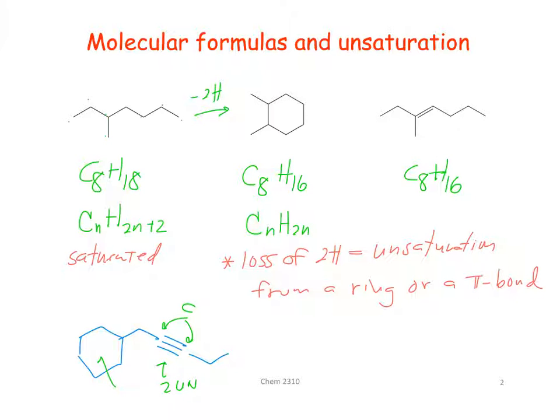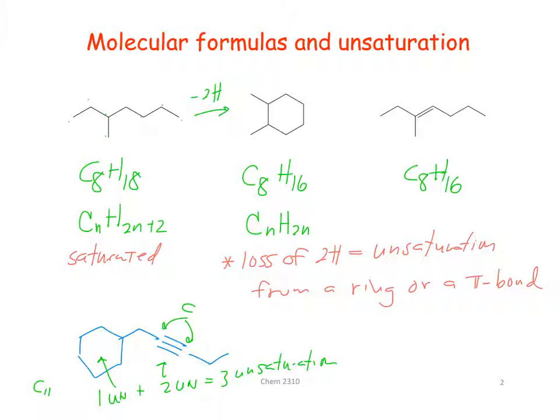We have the ring. This is 1 unsaturation. So this molecule would have a total of 3 unsaturations. Okay, so if we just tried to figure out its formula, let's see, we got 6 carbons in the ring, 7, 8, 9, 10, 11. This would be C11.